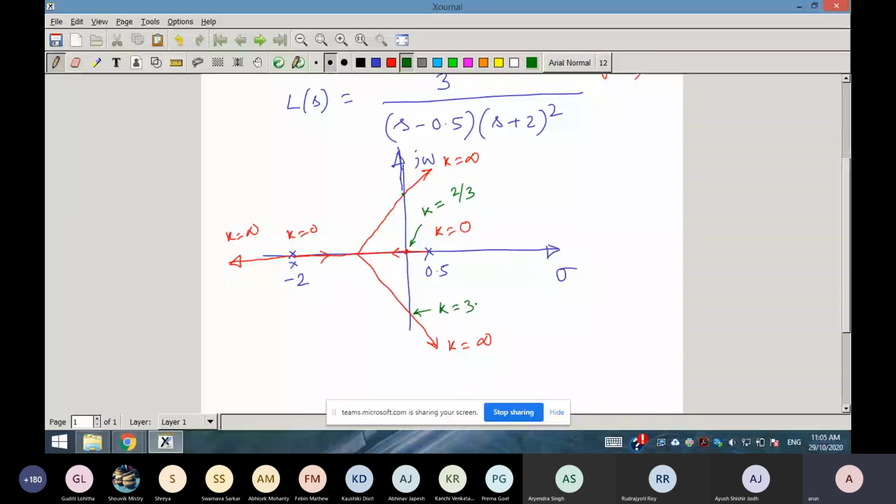Then from the root locus it is clear that k can be reduced up to 2 by 3 and can be increased up to 3 while the closed loop system remains stable.